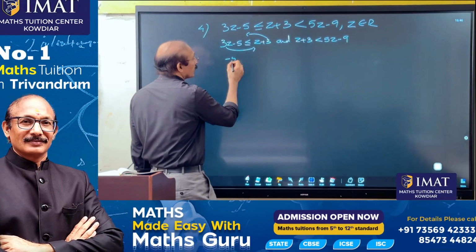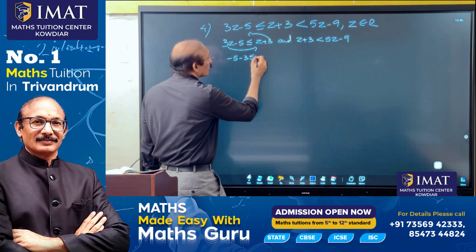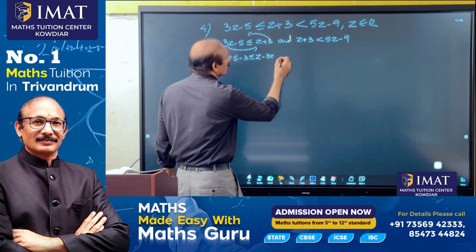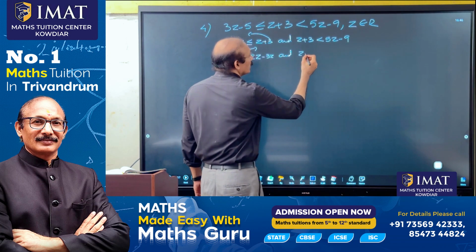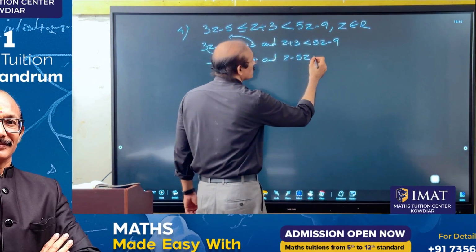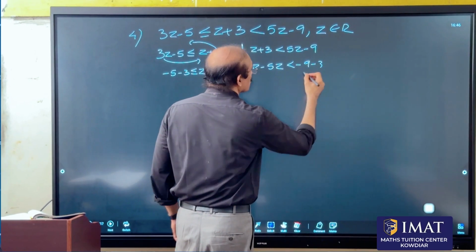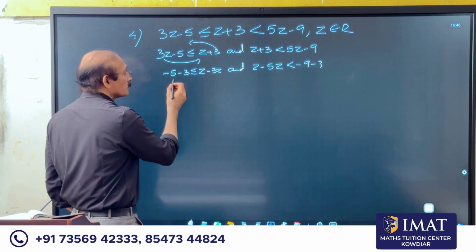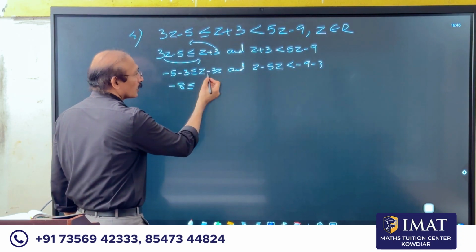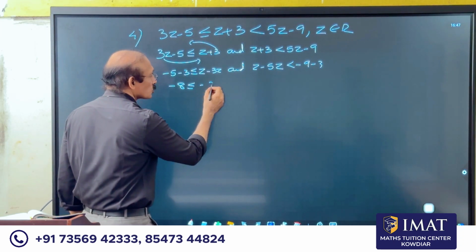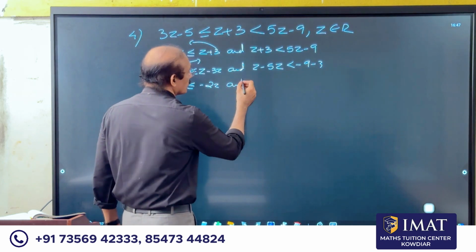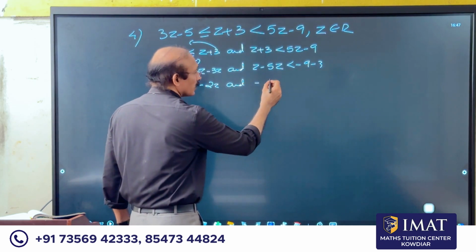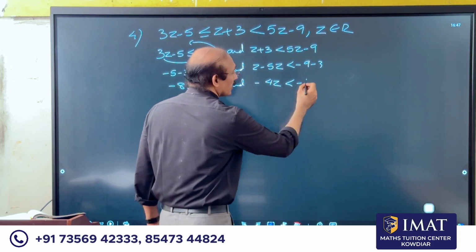So minus 5 minus 3 less than or equal to z minus 3z and z minus 5z is less than minus 9 minus 3. Bringing the variable to the left and constant to the right. So this is minus 8 less than or equal to z minus 3z is minus 2z and z minus 5z is minus 4z less than minus 12.